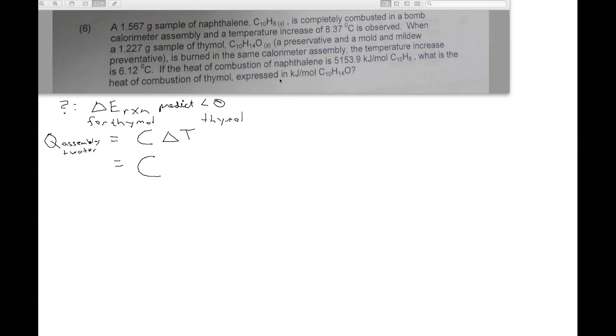So for the thymol, the temperature increase would be 6.12. So it looks like we would be home free if we just knew C, right? Because Q is basically what we're trying to figure out. So if we just knew C, we'd be done. Does that make sense? Yeah.